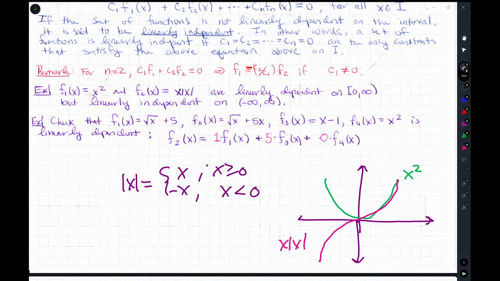It turns out if you play around with it long enough, one combination you could end up with is that f2 of x, which is equal to square root of x, is equal to 1 times f1 of x, which is square root of x, plus 5 times f3 of x, which is x minus 1, plus 0, and 0 is a constant, so you could definitely use that, times x squared.